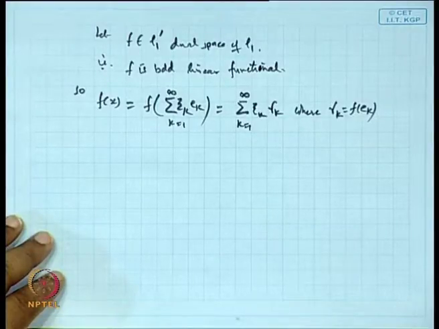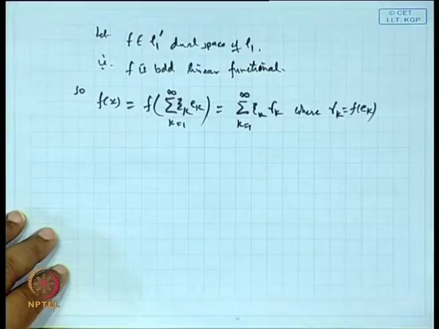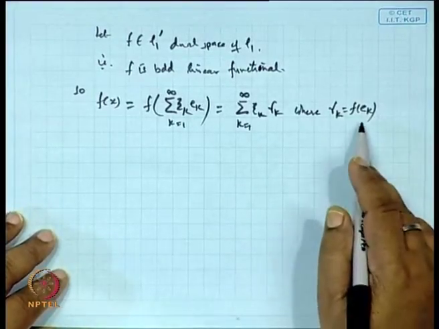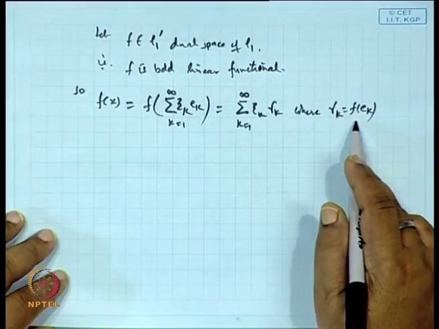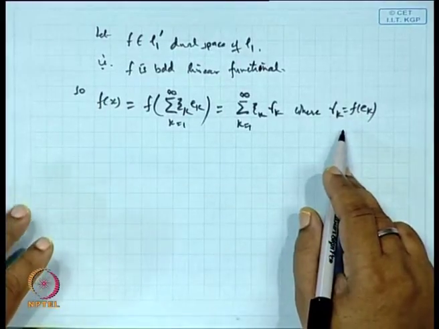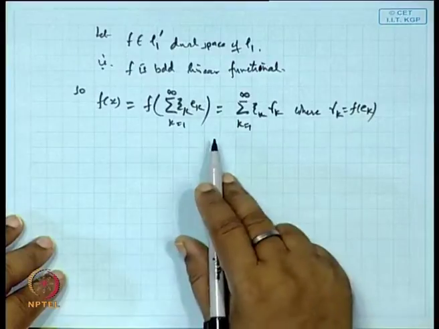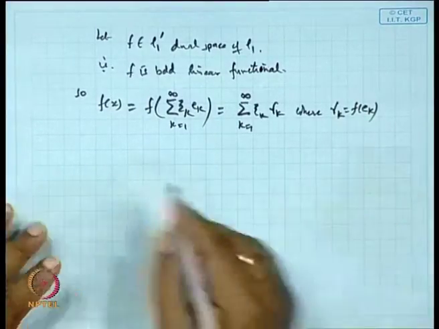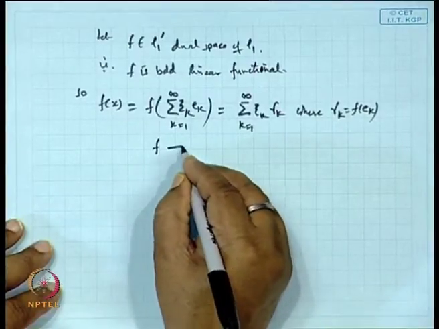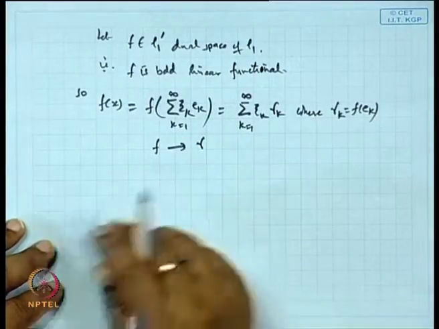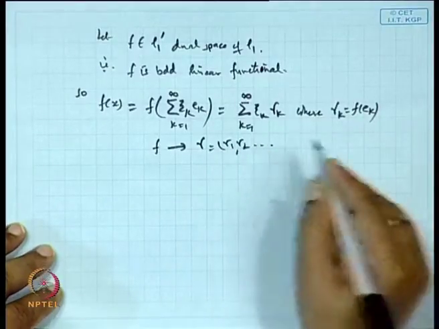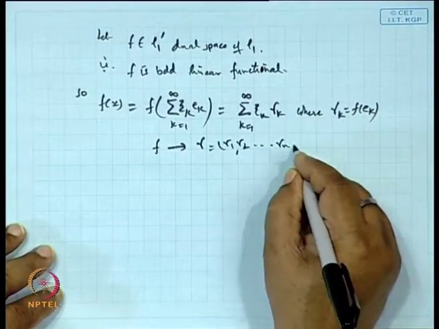So, again what we have seen is that this gamma k is uniquely determined by f. So, if f is known, gamma k's are known, therefore the corresponding sequence gamma 1, gamma 2, up to gamma n is known.